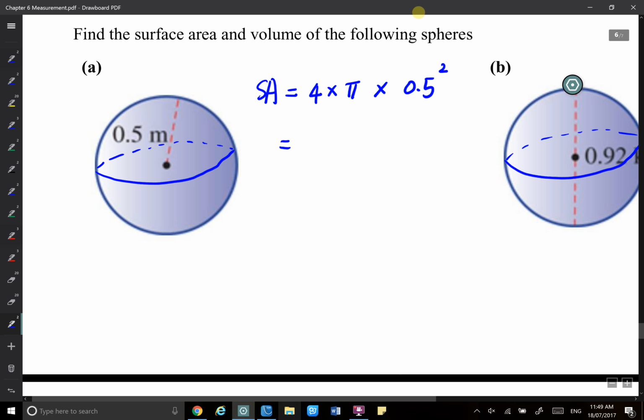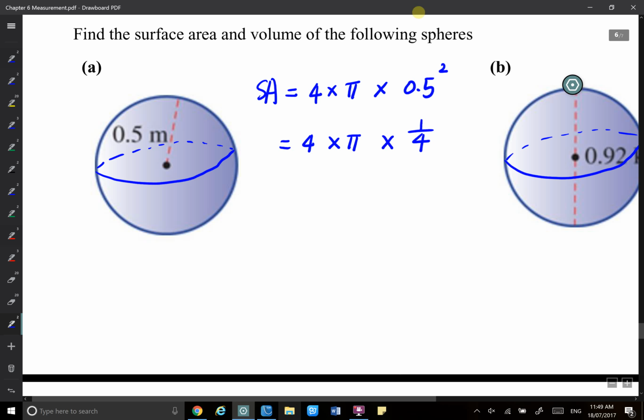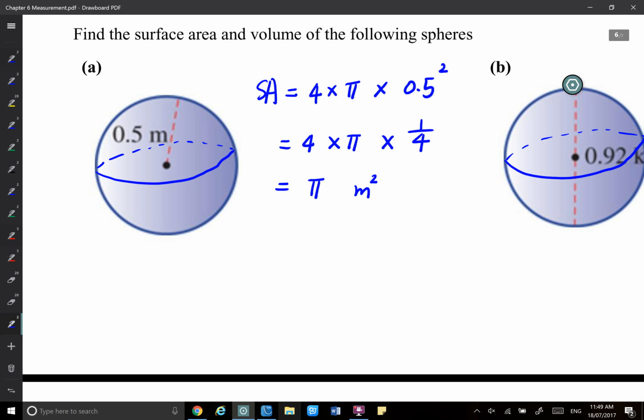So we have 4 pi times a half squared, a quarter. I like to calculate everything in fractions, not decimals, because I can easily make mistakes in decimals. So 0.5 is a half, squared is a quarter. So the surface area will be pi meters squared.